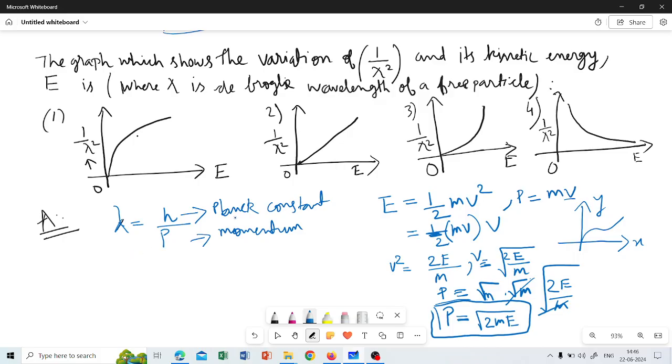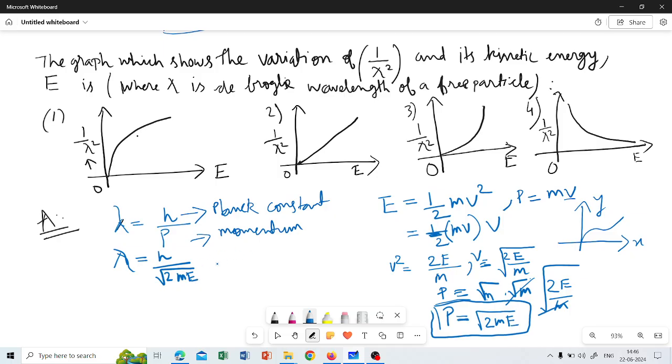So now that we have the relation between energy and momentum, if I substitute this in the de Broglie wavelength expression, lambda is equal to h by square root of 2mE.